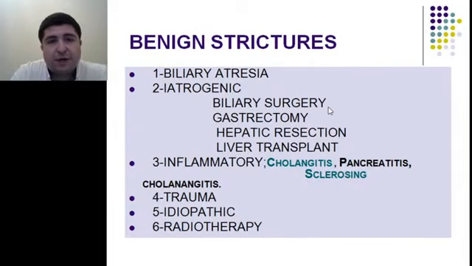Benign strictures. From the benign causes, it can be biliary atresia, it can be iatrogenic. Iatrogenic means, for example, after biliary surgery on biliary ducts, gastrectomy, hepatic resection, liver transplant.